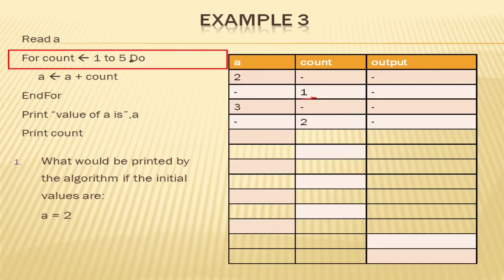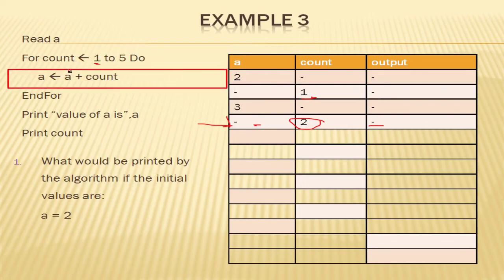So count is now equal to 2. There is no value for A, so put a blank or a dash. There is no value for output, so we put a dash. Then we're going to move to the next line.